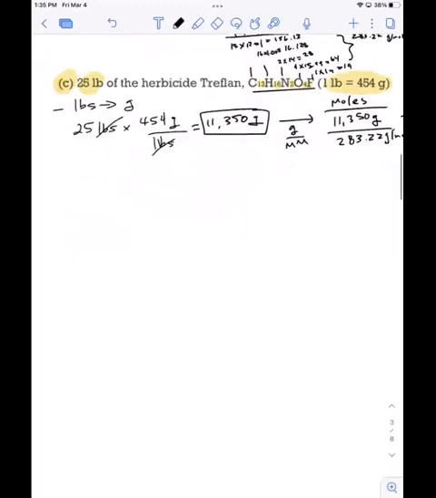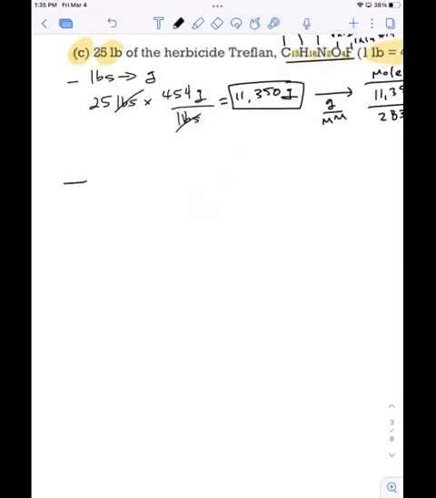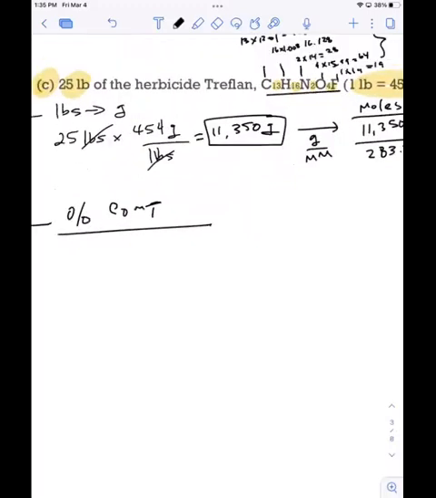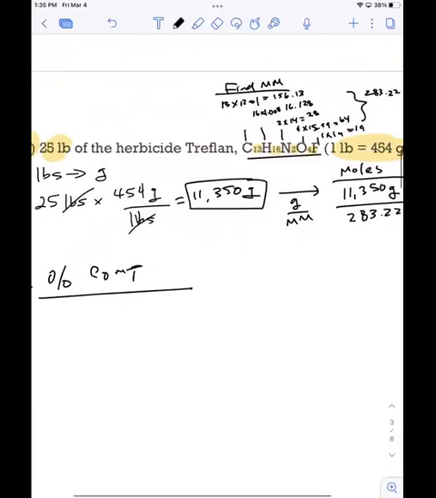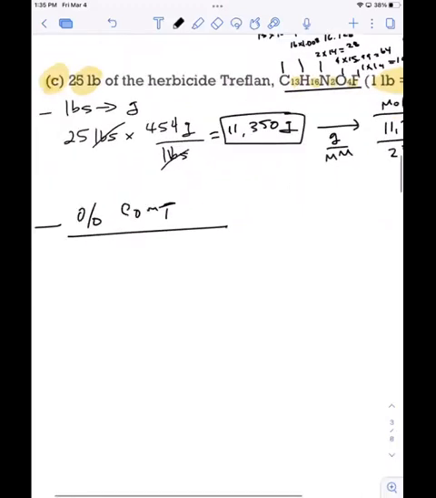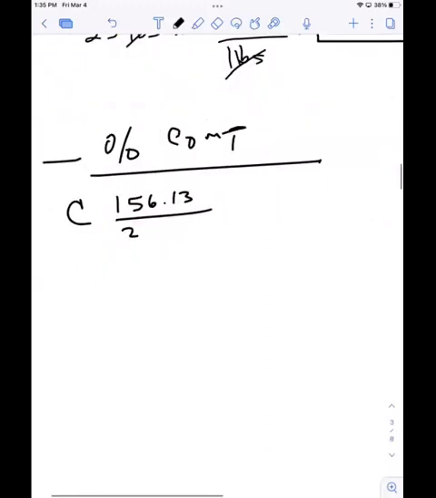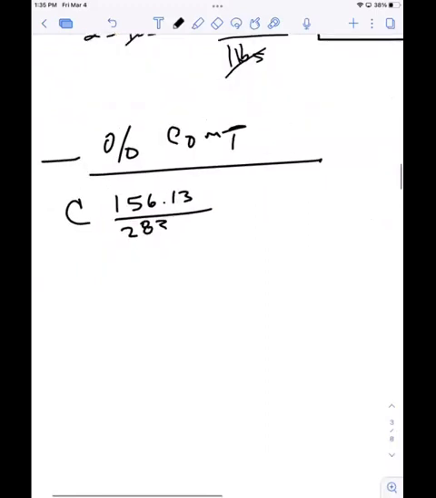So let's do percent composition. Then we're going to take our percentages and figure out how much each percentage is of 40.07. For carbon, we've already done it. We got 156.13 for carbon divided by 283.22 times 100.